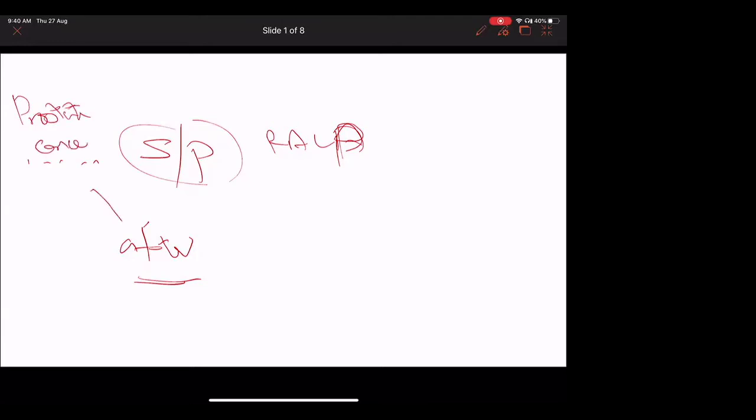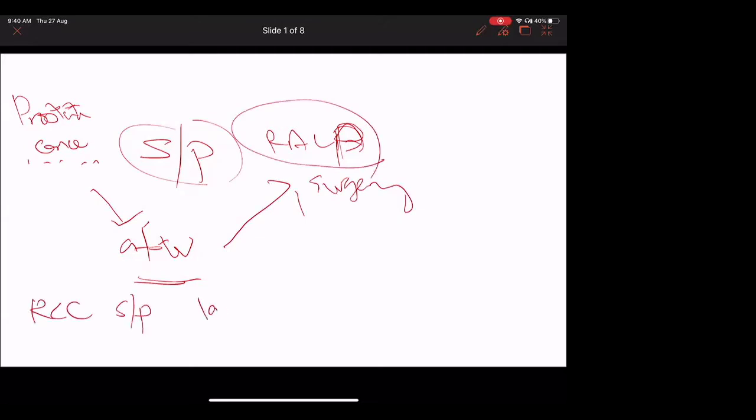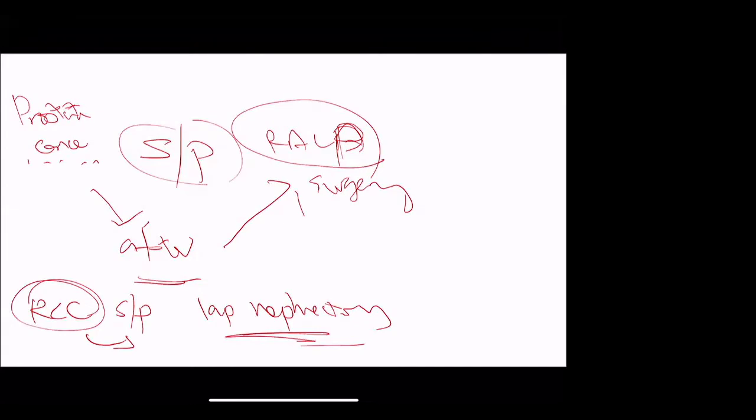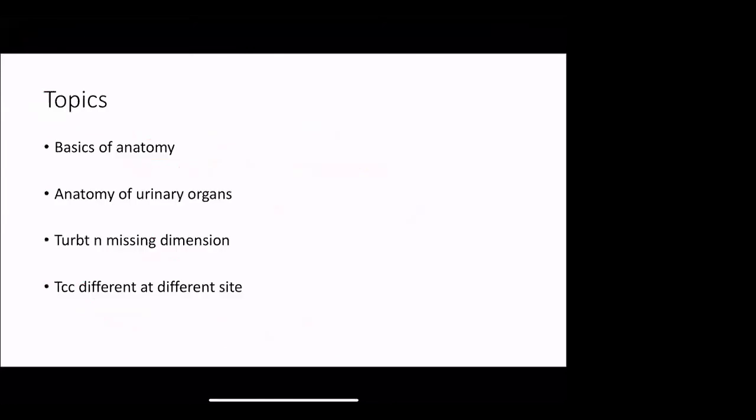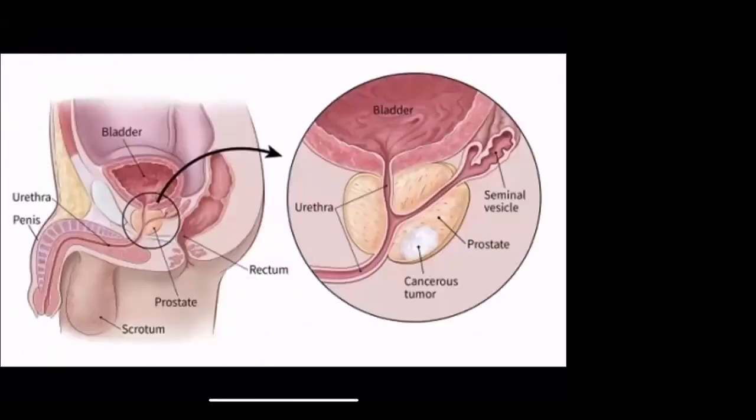Status post means after surgery. This is the kind of surgery that he went to. Sometimes RCC, status post lap nephrectomy, same thing. It means he had RCC, after the surgery done, meaning to say this guy already has the surgery done. That's what it means. Okay, it's another term. It's very hard to put it anywhere, but it's got to go somewhere.